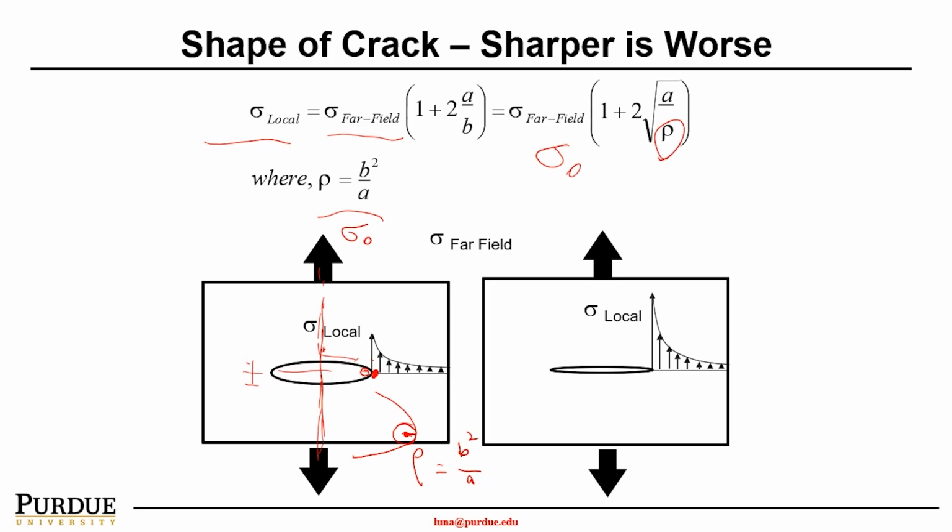Again, rho is the radius of the crack curvature. As you can see, the sharper the crack goes, the smaller the radius of curvature, and the higher the stress will be magnified, so it will be more highly concentrated.